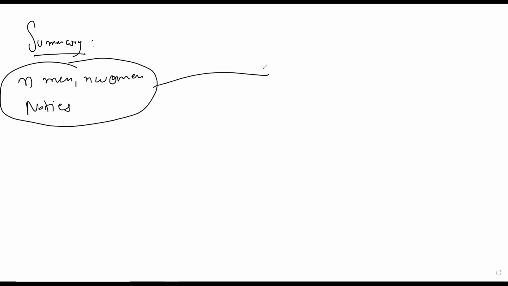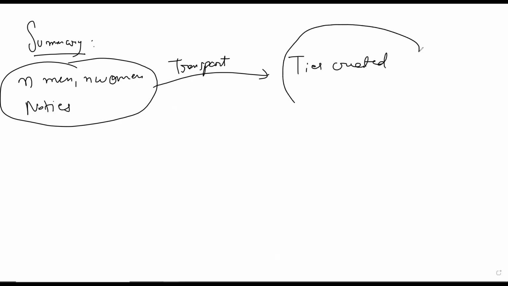And then due to some reason, could be transporting or some transfer, ties are created.